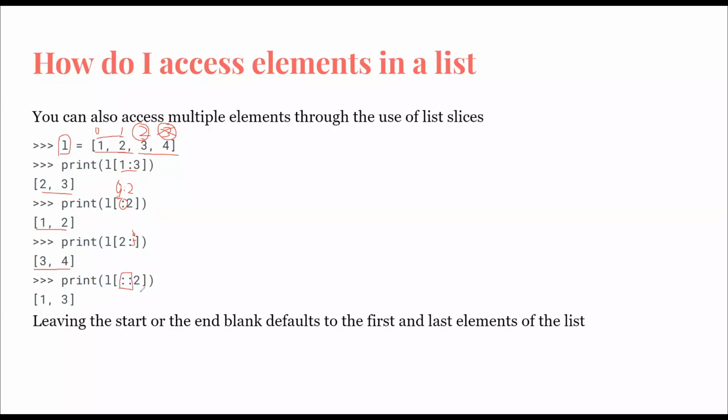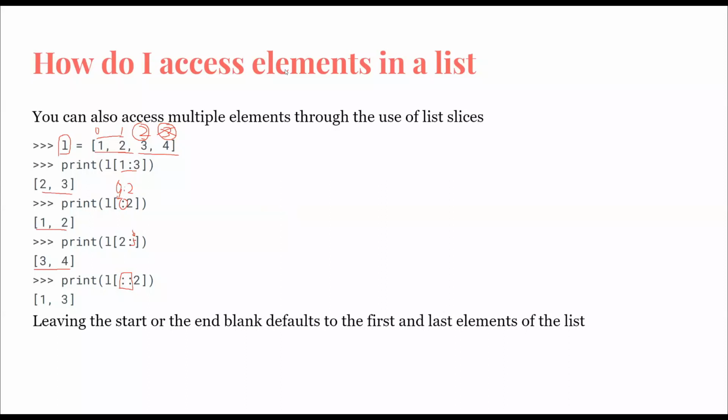2 colons. Essentially what this does is, I'm pretty sure this is taking every 2. Let me start up blank defaults to the first one. I think it's taking every second element. But let me just clarify that.